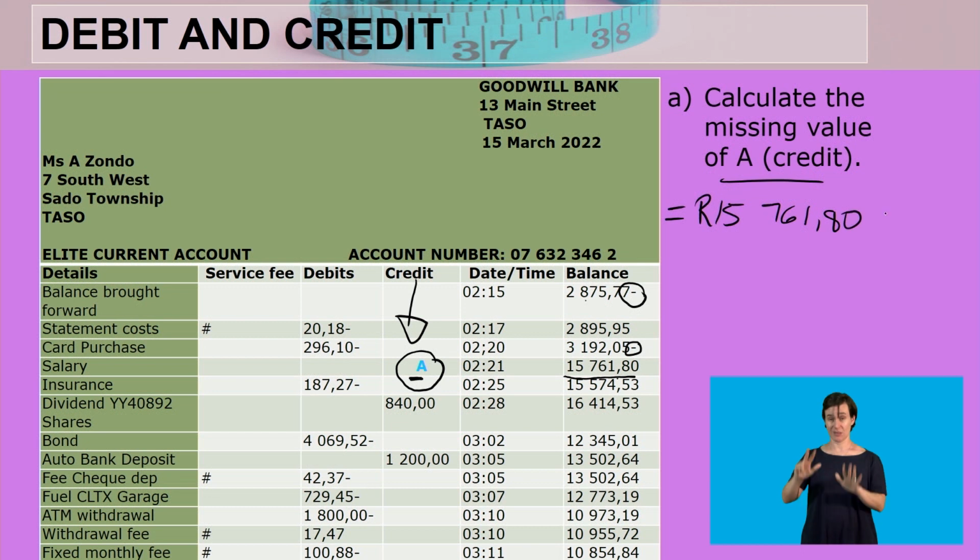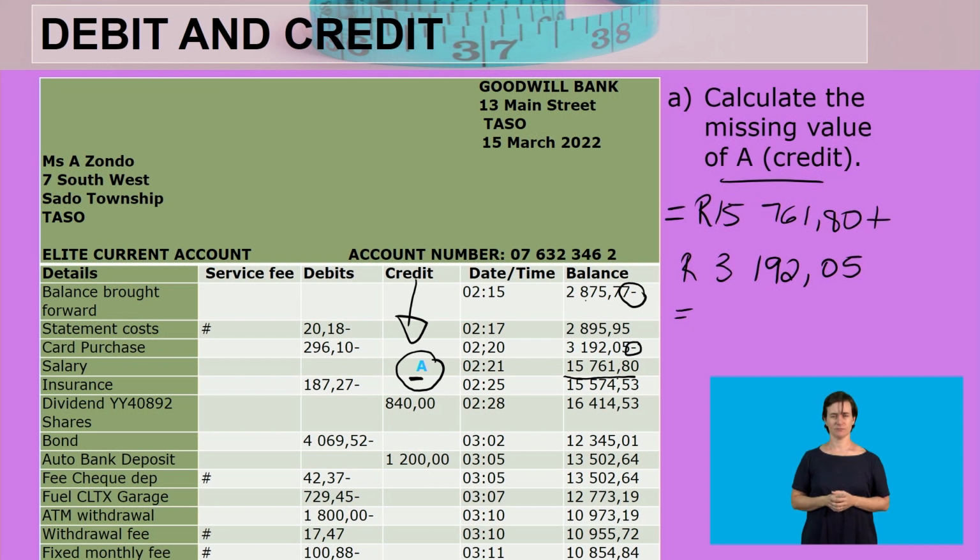So now to find that amount, we are going to say 15,761 80 cents plus. Why are we saying plus? Because we know that that amount was taken out by the bank. Which amount? The balance that appears at the top, which is 3,192 rand 5 cents. So we want to find out how much exactly was deposited before it was taken out, the value that appears with a negative.